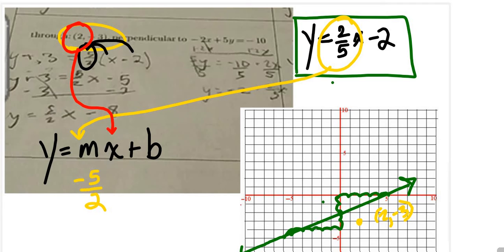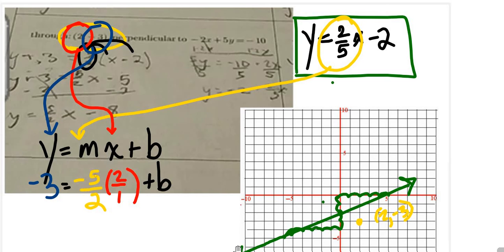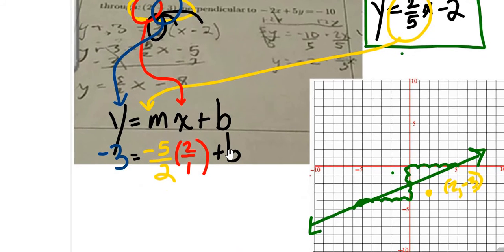Our x is going to go right there. That's positive, and because I'm dealing with a fraction, I'm going to make this a fraction. That -3 is going to go right over here. And I solve.